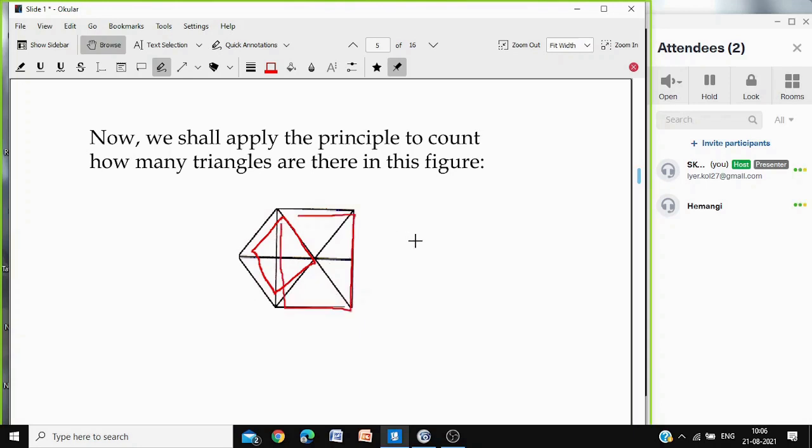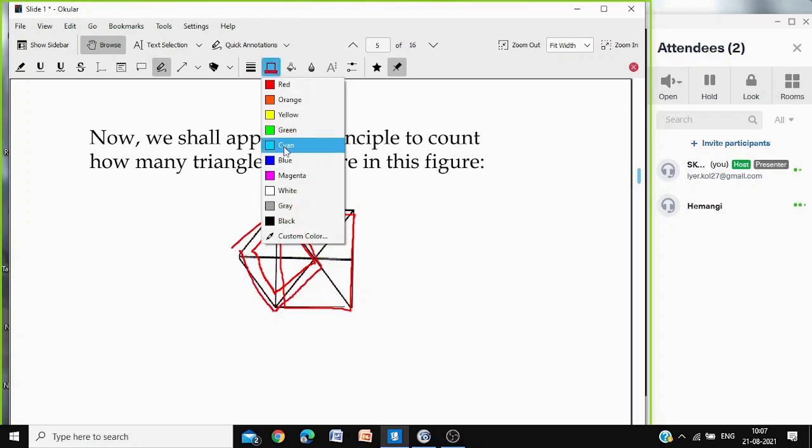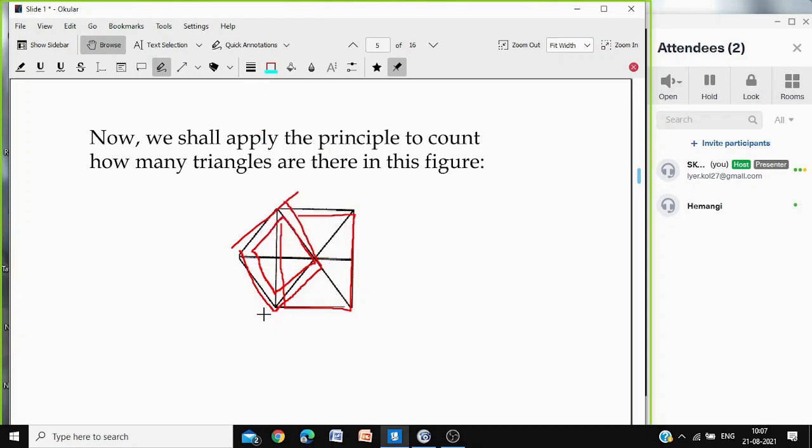So break it up into two four-sided figures. One is this figure, and the other, if I change the color it will be easier, is this one, the blue one.